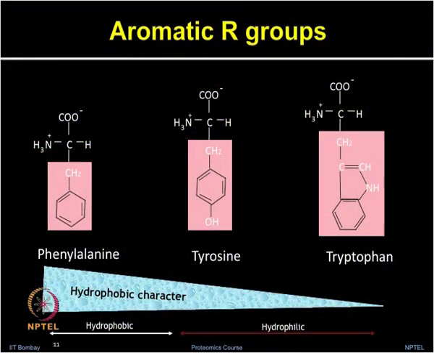Next category is aromatic R groups. In this one, there are 3 amino acids: phenylalanine, tyrosine and tryptophan. Phenylalanine contains a phenyl ring, tyrosine has 1 reactive hydroxyl group and tryptophan contains an indole ring, 2 rings which are fused.